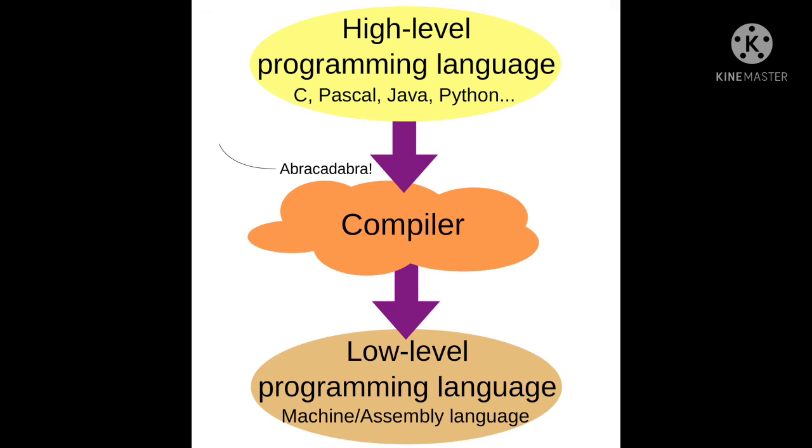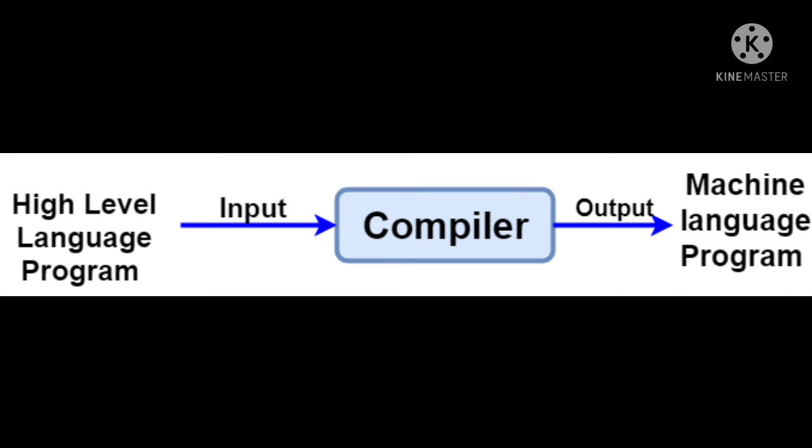The assembly language uses the same structure and commands which machine language does use, but it uses names in place of numbers. The operation performed using the assembly language is very fast. The operations are much faster when compared to high level language.